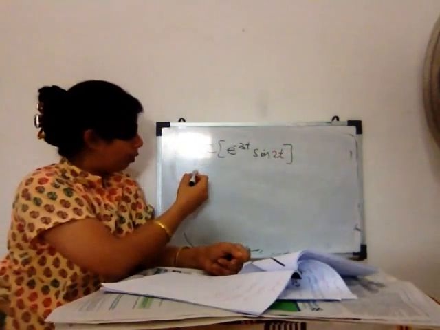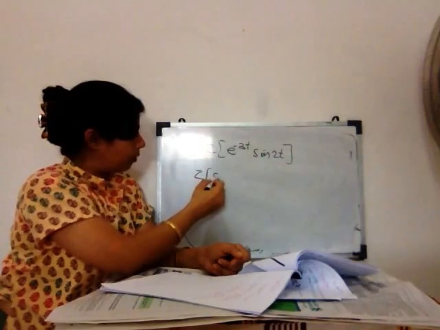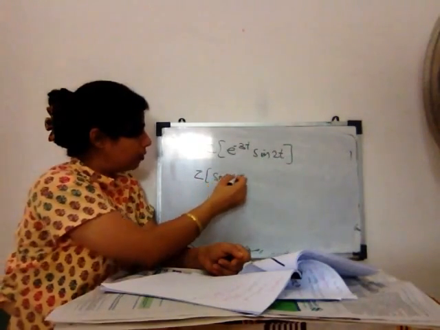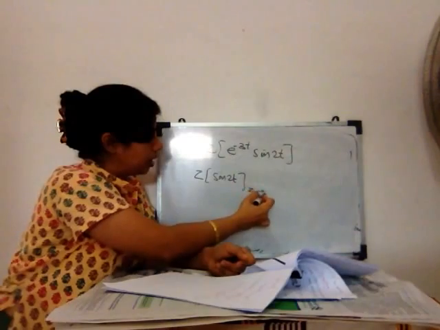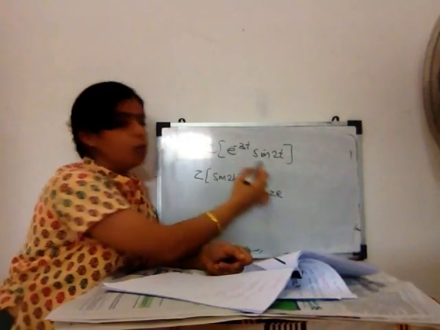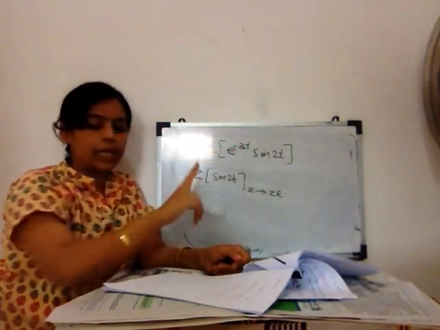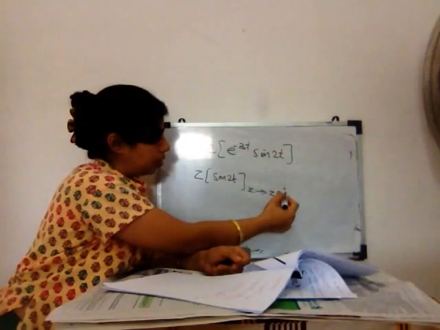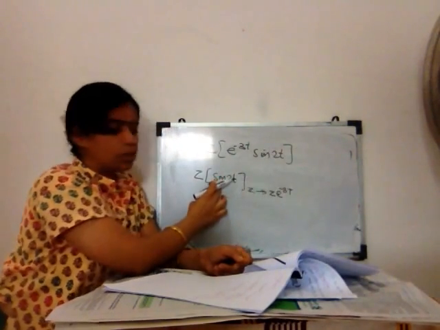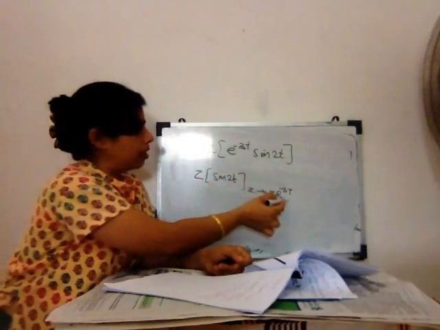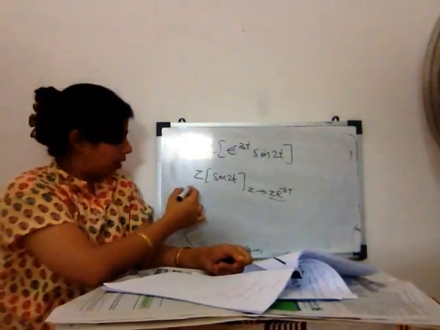Clear? So we have to just find out the z transform of sine 2t. After that we replace z with z e to the power 3t. You find the z transform of sine 2t and replace with this. You will get the required solution.